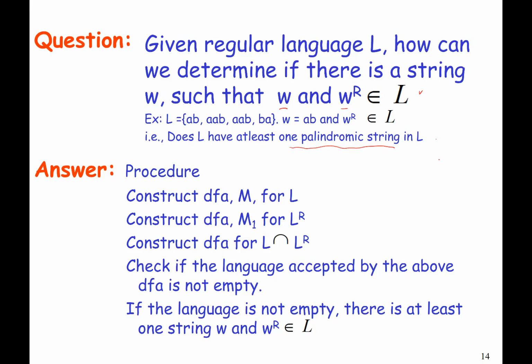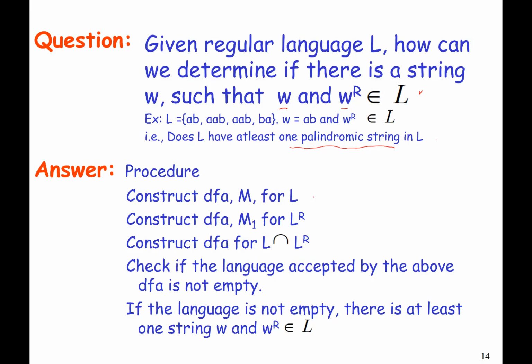By the way, this is not saying that the language is palindromic, where all the strings have to be palindromic. We're only asking whether there is at least any one palindromic string that belongs to the language L.